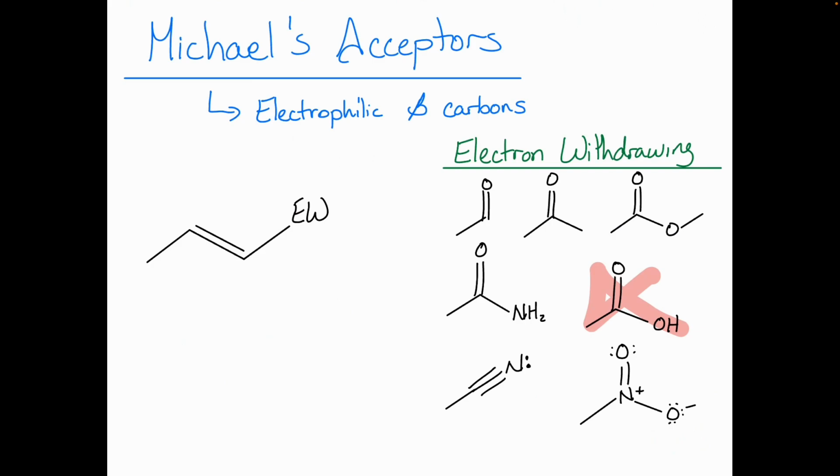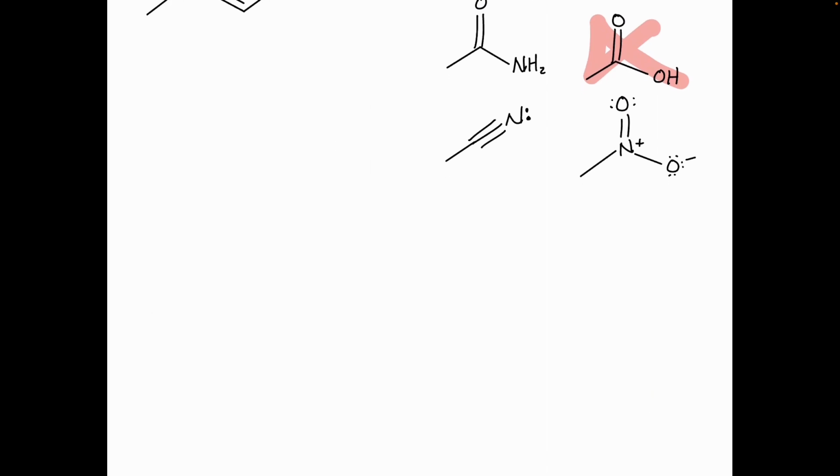All right, so if any one of these groups is conjugated to one of these carbon-carbon double bonds, it makes those beta carbons electrophilic. Now, in these reactions, the other component are what are called the Michael's donors.